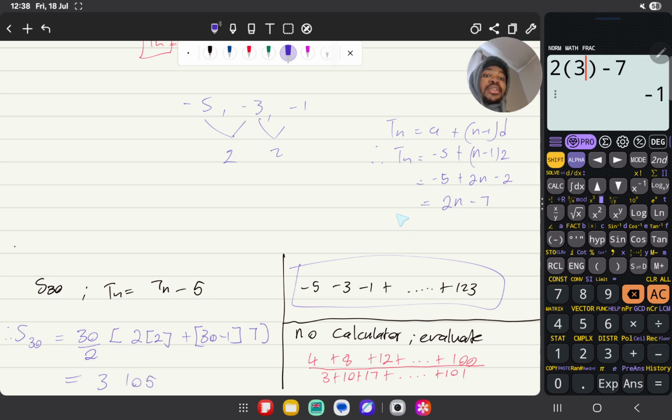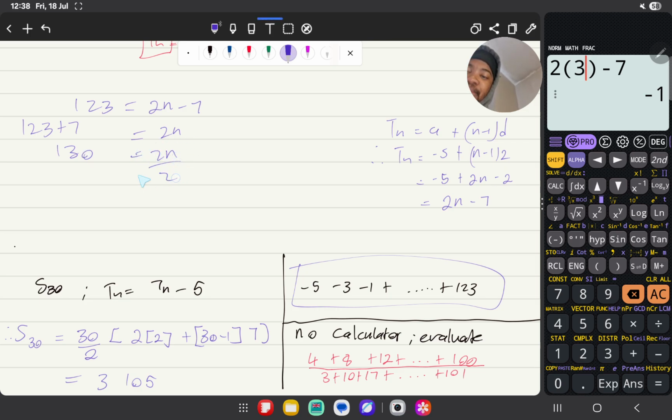So this is the formula, and we see that the last term is 123, right? So we then say 123 equals 2n minus 7. 123 plus 7, 2n, 130 equals 2n, divide by 2, that's 65.